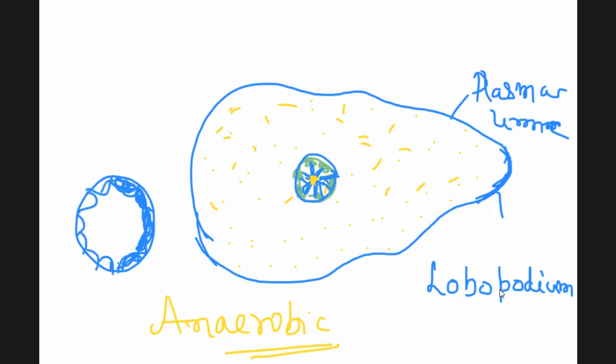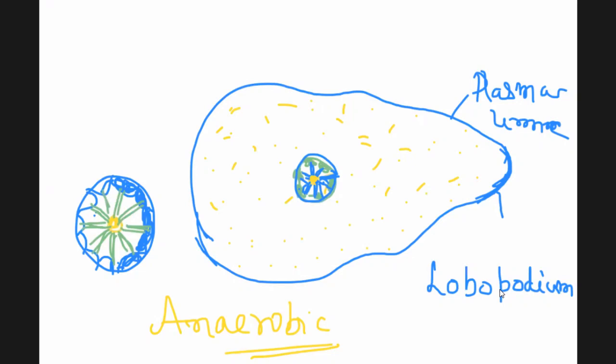Then in the center the nucleolus, and the nucleoplasm is like strands like this, like the spokes of a bullock cart wheel. So, a cartwheel-like nucleus. Then, very important for the identification of this Entamoeba.